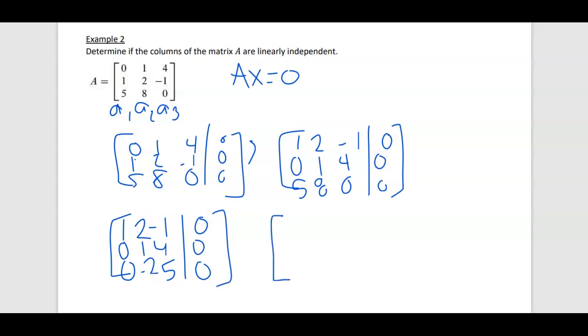And let's take row 2 and add that to row 3. All right, row 2 added to row 3, 8 plus 5, 13.